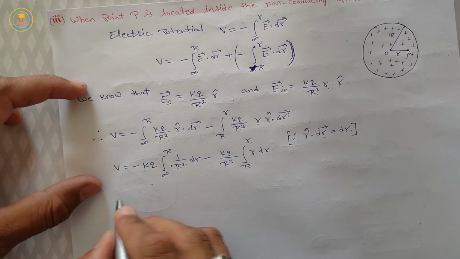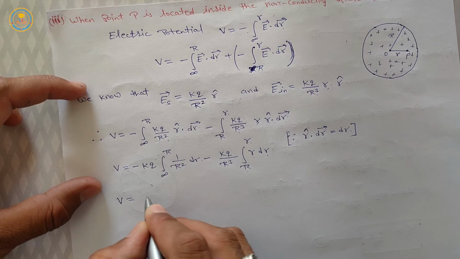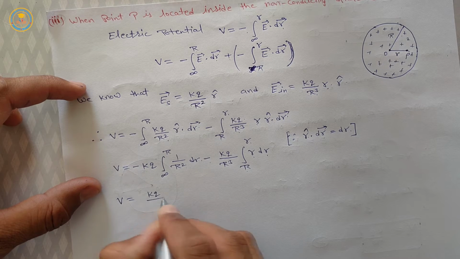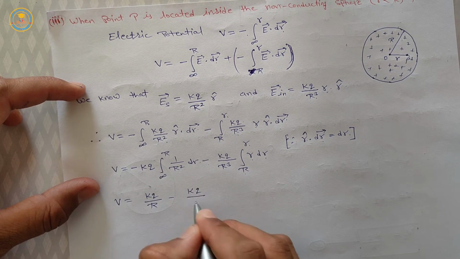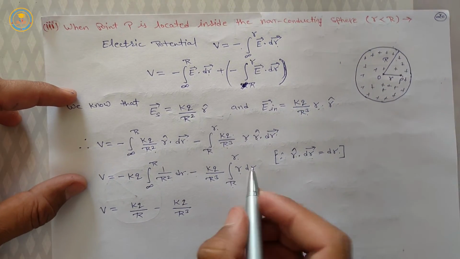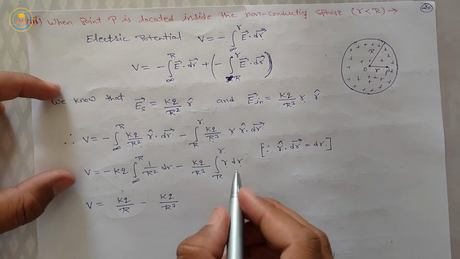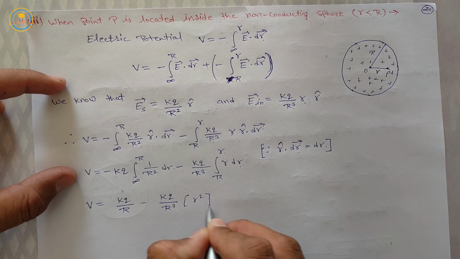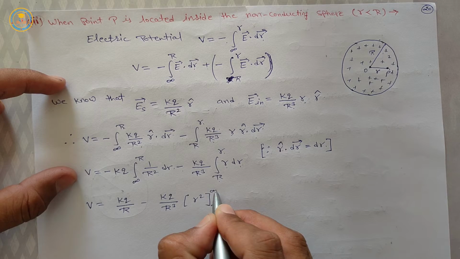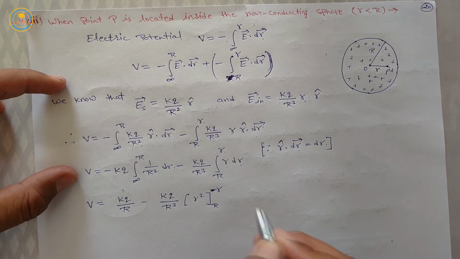On solving this equation, V is equal to kq upon capital R minus kq upon R cube, integrating with respect to dr, then we get r square upon 2 with limits capital R to small r.